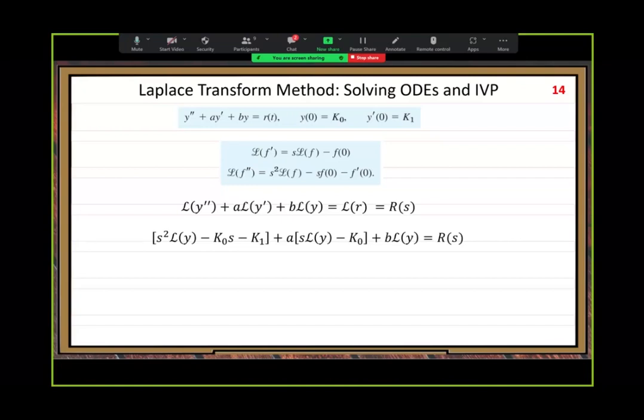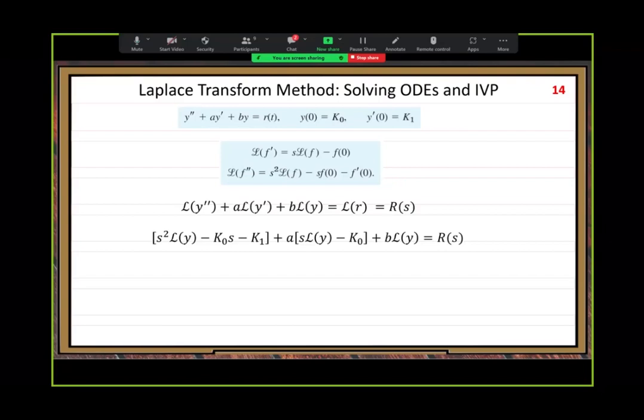Question: if we know what the little r function is, then we automatically know what capital R of s is? Yes, after computation. So the question becomes how to calculate the Laplace transform of a function. Your question makes sense, because for some functions it could be very hard to calculate the Laplace transform, even impossible, since not every function can be calculated.